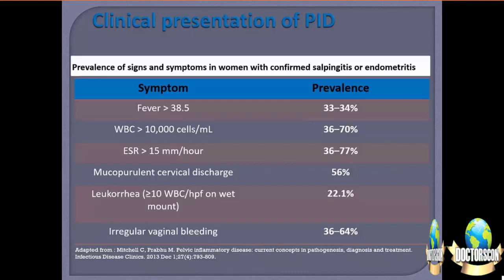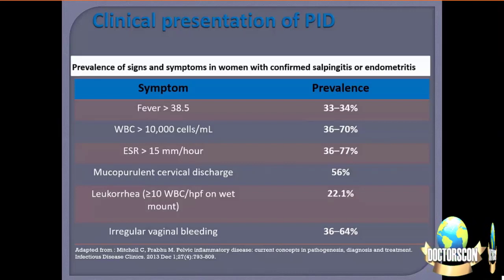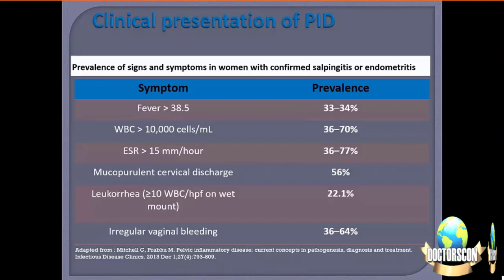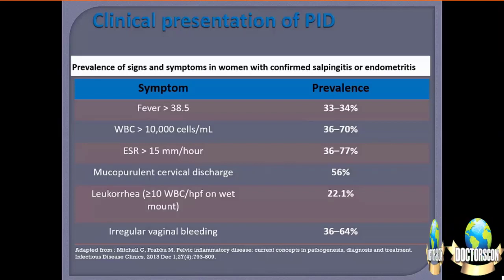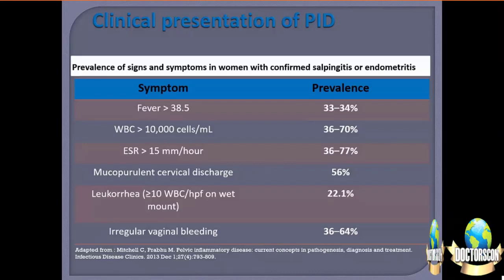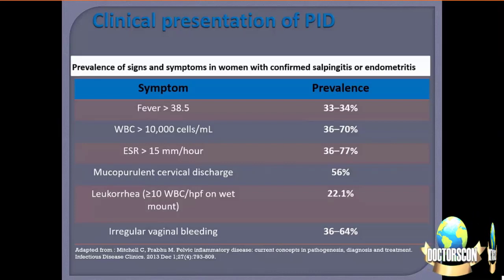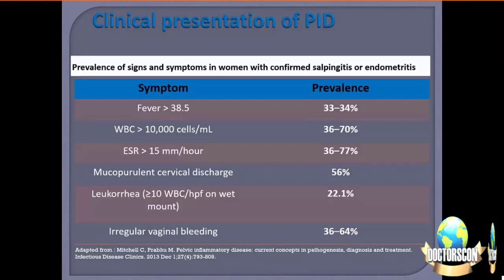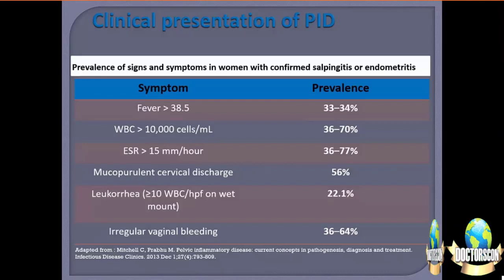Testing for gonorrhea, chlamydia, and Mycoplasma genitalium in the lower genital tract is recommended, since a positive result supports the diagnosis of PID. So whenever we suspect that a woman may have PID, we go for different swabs. The current guidelines show that instead of taking high vaginal swabs, we take vulvovaginal swabs.